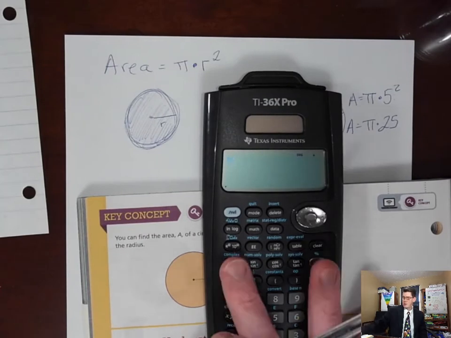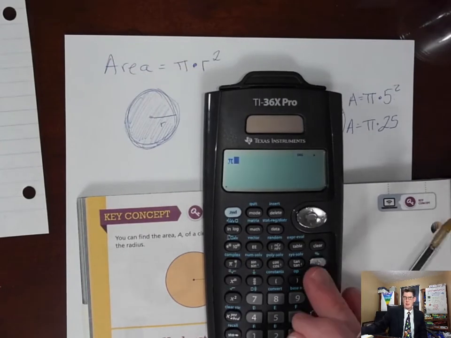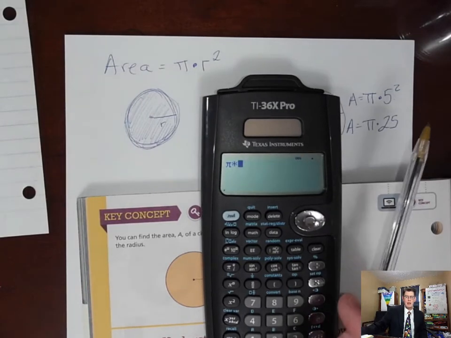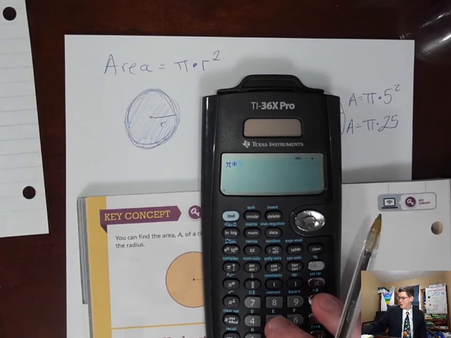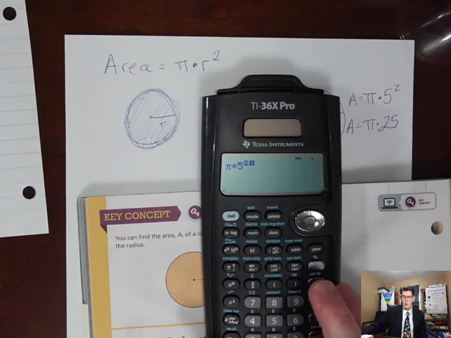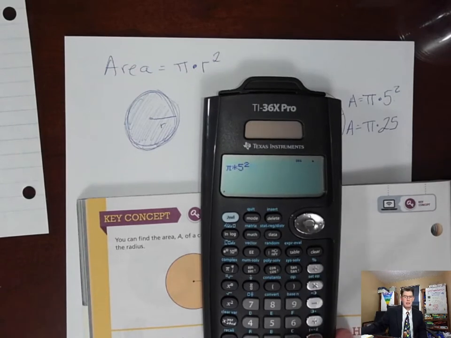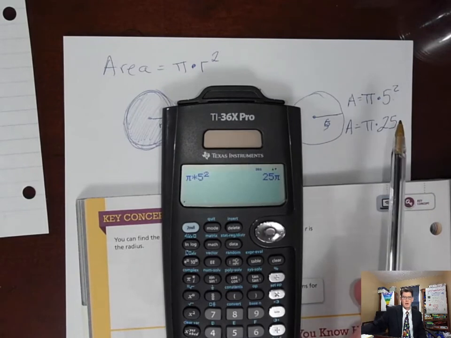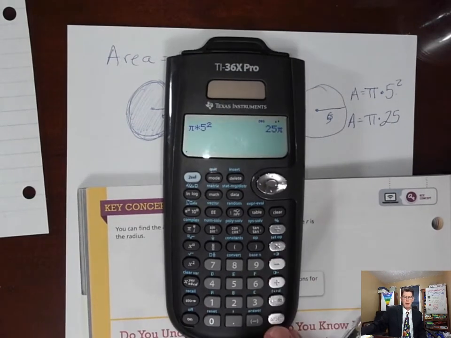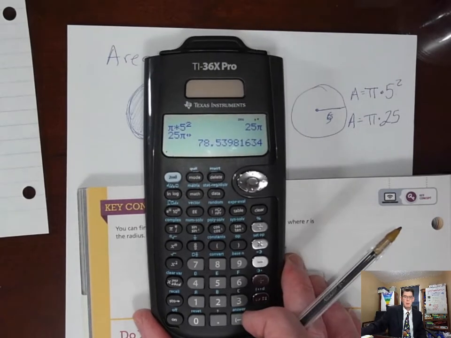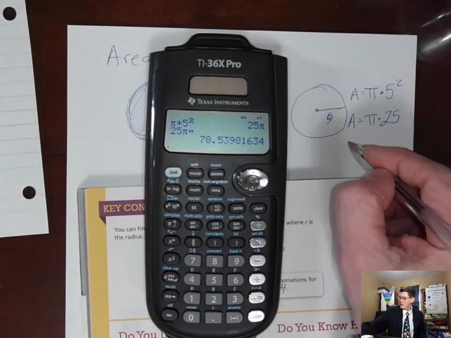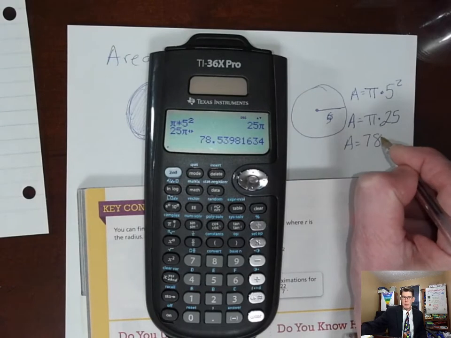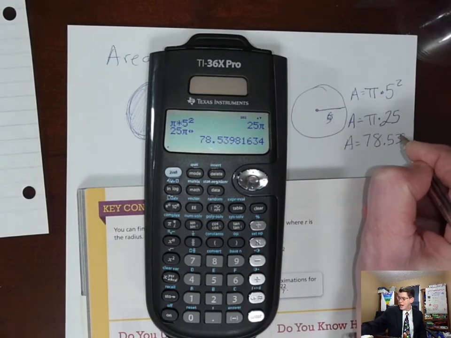The area is pi times 25. I could type 25 there, but I'm just going to type 5 squared there. It's the same thing. And 25 pi, which is what it showed there. Then I push this button right above the enter to give me the number when I multiply it by 3.14, about 78.539, and it just goes on.